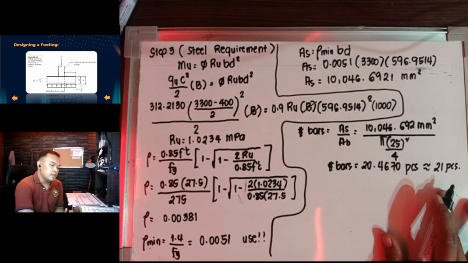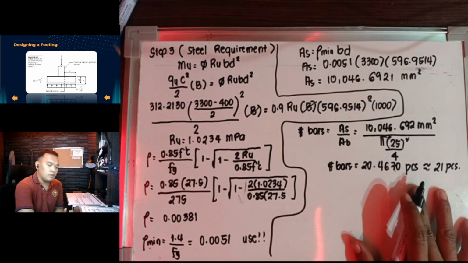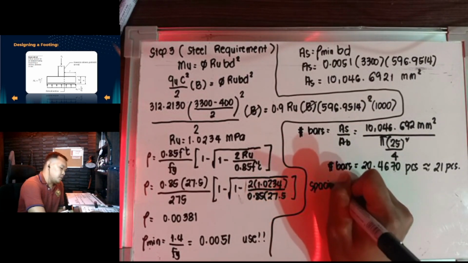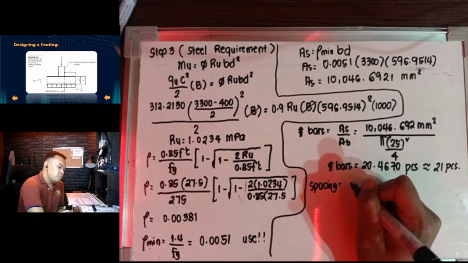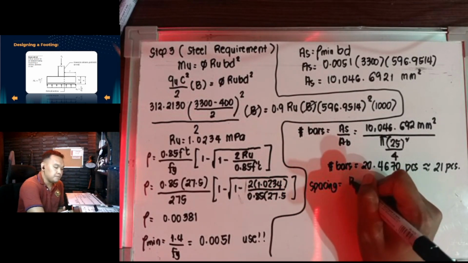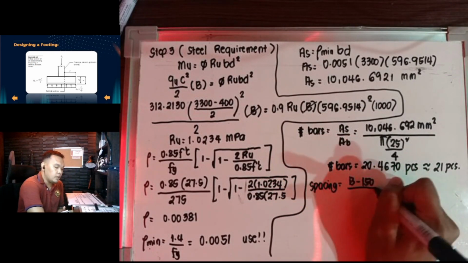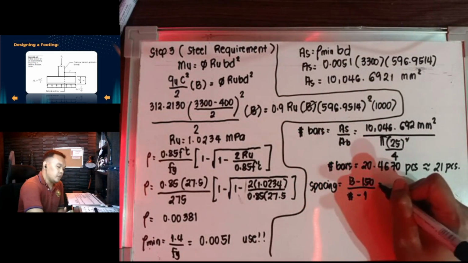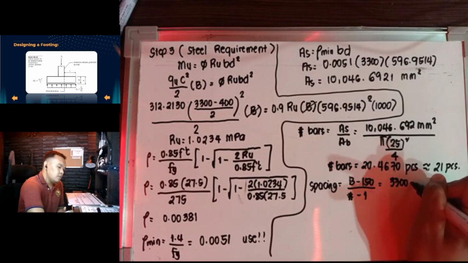Okay? So after getting the number of pieces, we could get the spacing. As I said earlier, the formula is B minus 150 all over number of bars minus 1.